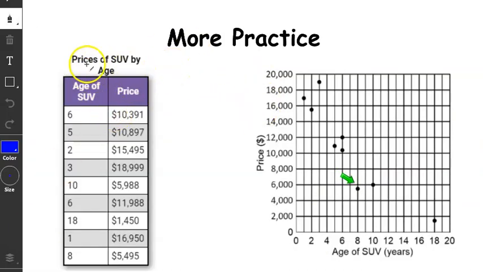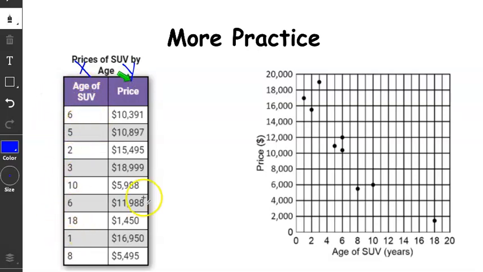Here's an example. Prices of SUV by age. So the age of your SUV is going to be your X's, and the price of the SUV is going to be your Y value. So X is the years and the Y are the prices. So let's just take a look.